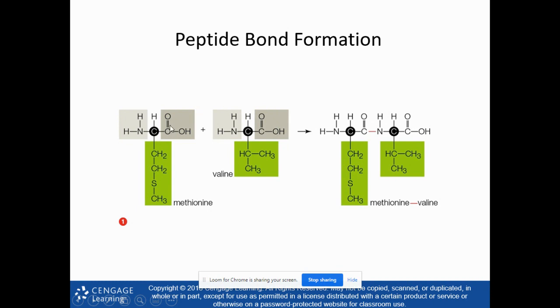What you're going to have is the carbon of this amino acid and the nitrogen of this amino acid bonded together. So right there is the peptide bond between these two amino acids.